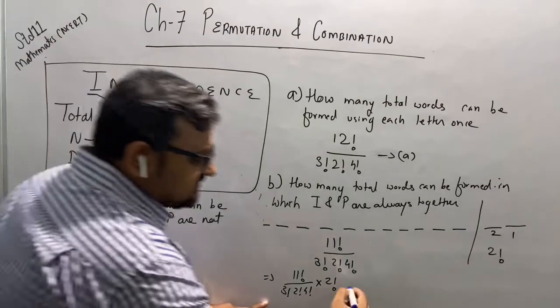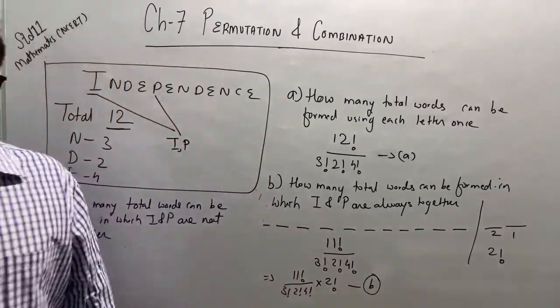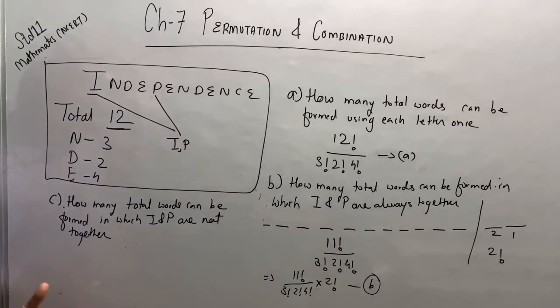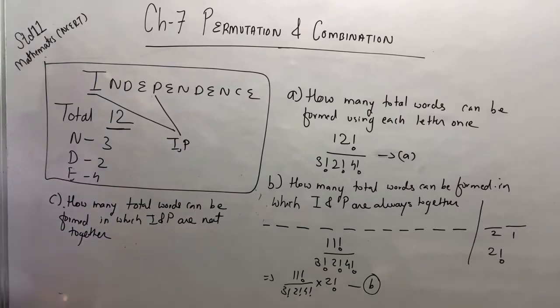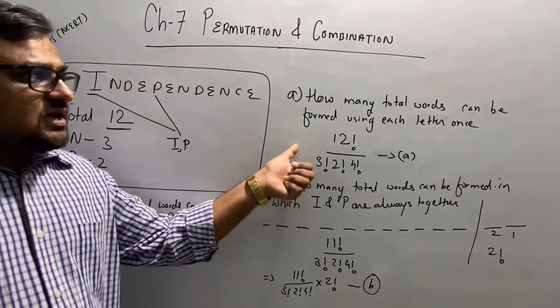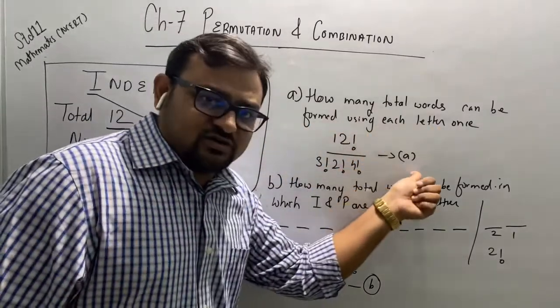If I name this answer as B, clear. Now see, what is C? How many total words can be formed in which I and P are not together? What was this? Total number of words, A.